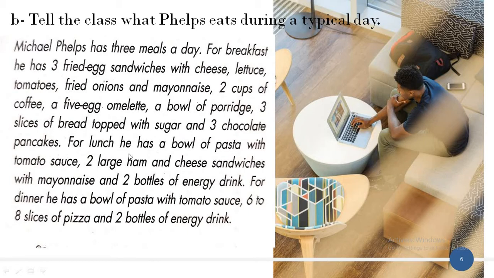For lunch, he has a bowl of pasta with tomato sauce, 2 large ham and cheese sandwiches with mayonnaise, and 2 bottles of energy drink. For dinner, he has a bowl of pasta with tomato sauce, 6 to 8 slices of pizza, and 2 bottles of energy drinks. So these are Phelps's meals during a typical day.